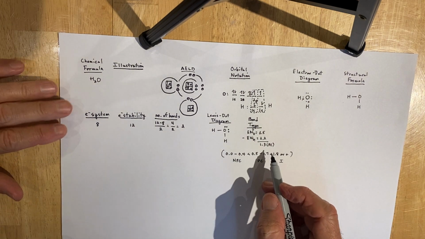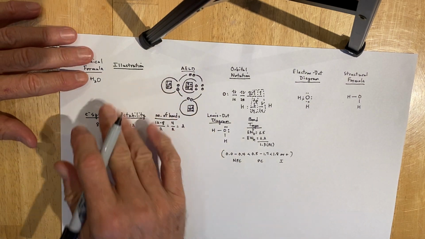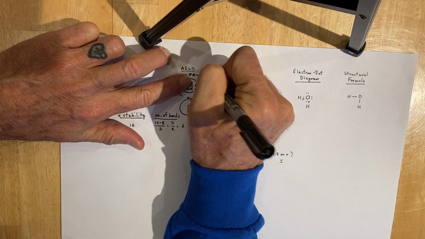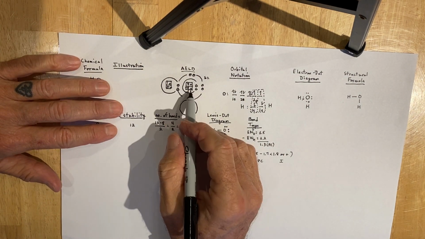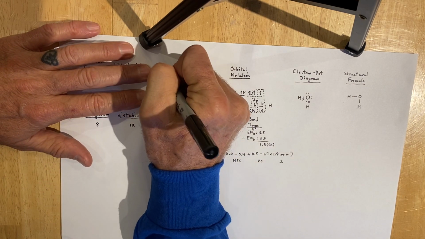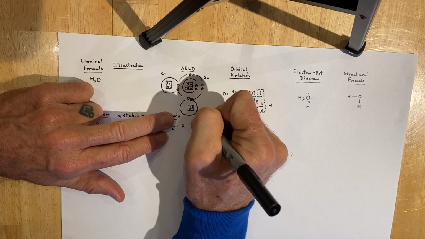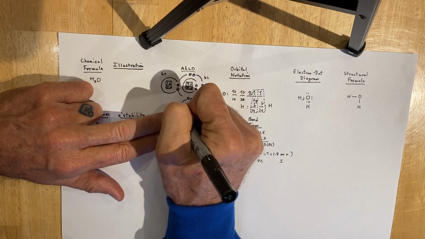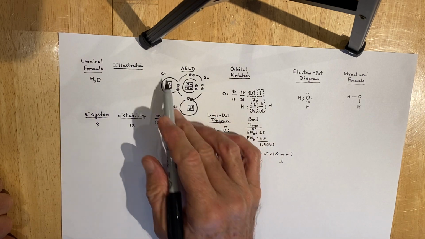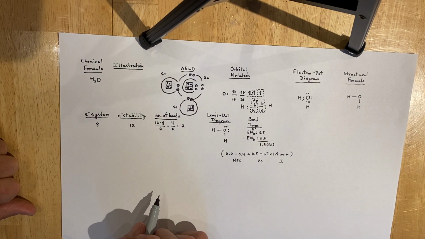So what this means is that in each of these diagrams, we can theoretically view this in this fashion, that the electrons in these bonds are pulled closer to the oxygen than they are to the individual hydrogens. And so therefore, we view the oxygen as being partially negatively charged and the hydrogens as being partially positive.